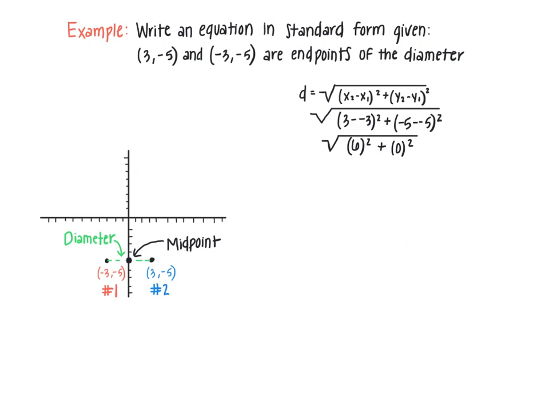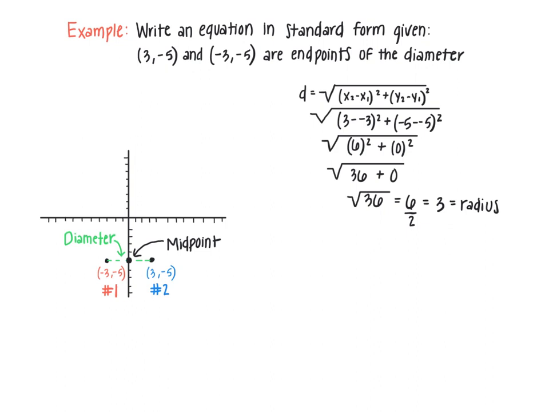And so 6 squared is 36, plus 0 squared, which is 0, which means we will need to take the square root of 36, which is equal to 6. Now, you've got to remember that 6 is actually our diameter, so if we want the radius, we would divide the diameter by 2, giving us our radius, which is 3. So this is our radius.